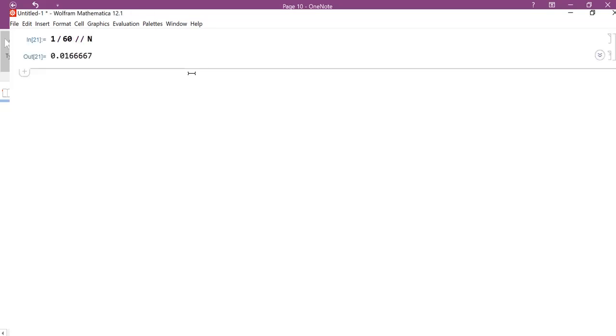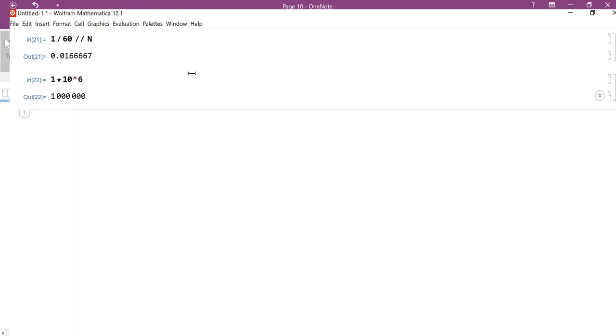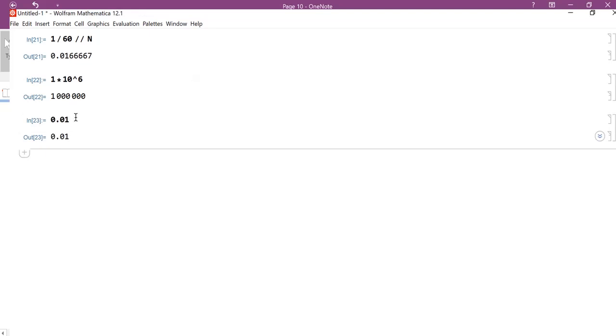Let's take a peek at that. This is our highest frequency in our signal, 1 times 10 to the 6th. The issue is we need our delta F to be less than or equal to 0.01. So we cannot use this value to be our delta F, but we can set delta F. Let me clear everything. Bad practice, Josh. You have to clear your notebook to make sure there are no hidden variables.